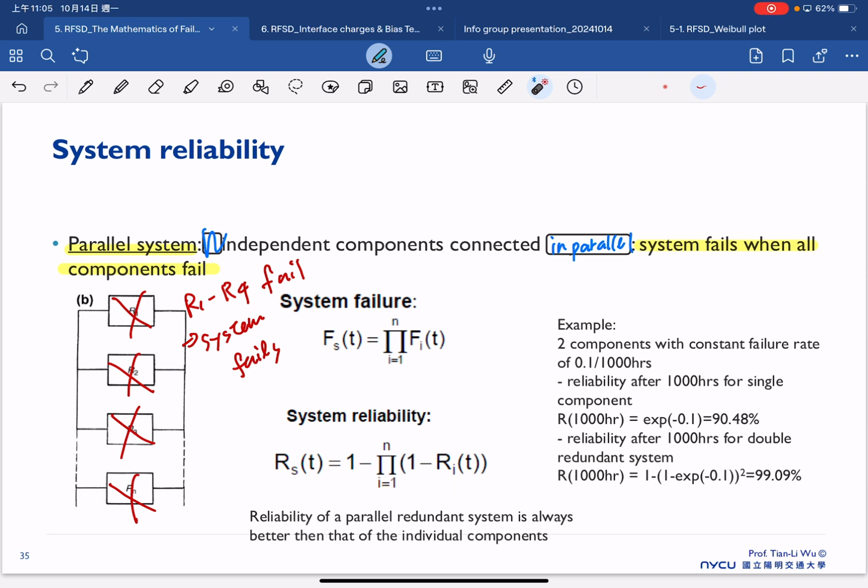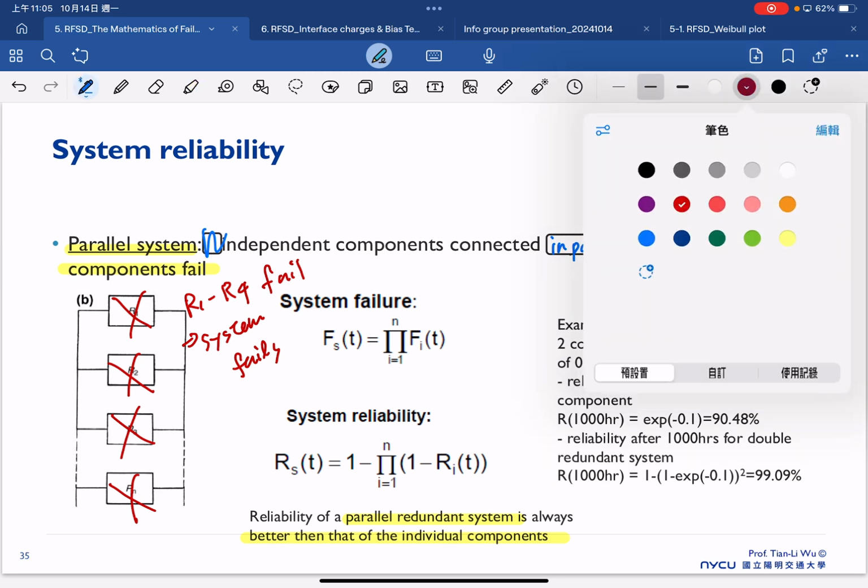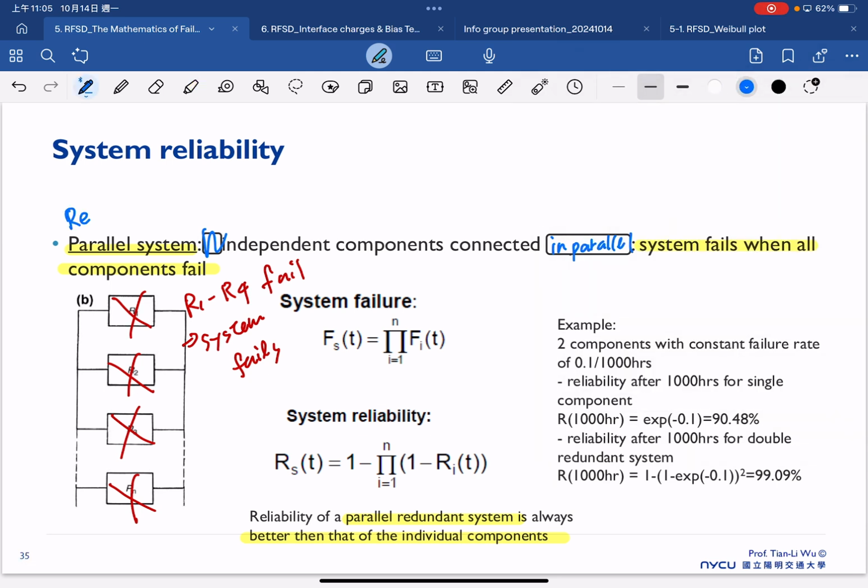So the reliability of the parallel redundant system is always better than that of an individual component. Sometimes we call it a parallel system, sometimes a redundant system, because we have some components as a backup.